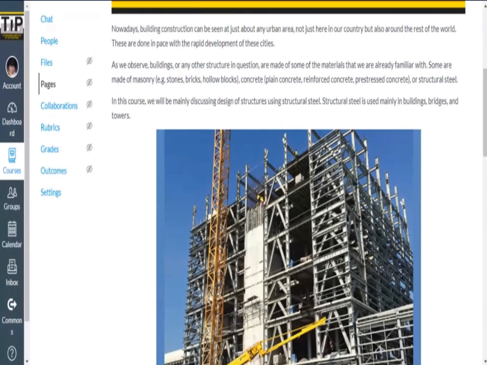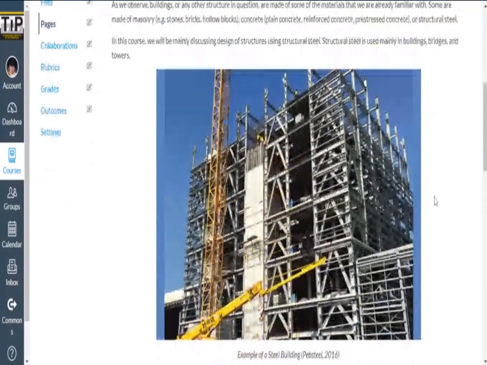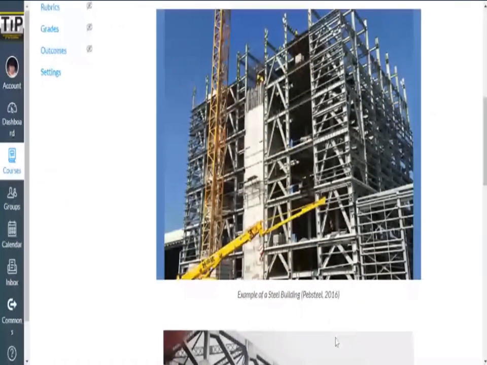Structural steel is usually used in almost all types of structures that we have. This is an example of a steel building. I'm not really sure where this is, but if you want a local example, if you usually go to Anonas, beside the WCC hospital, there's a parking building under construction there.